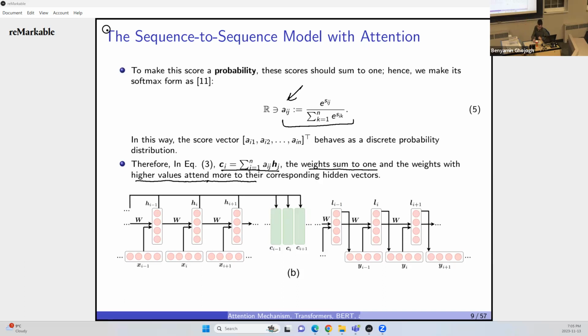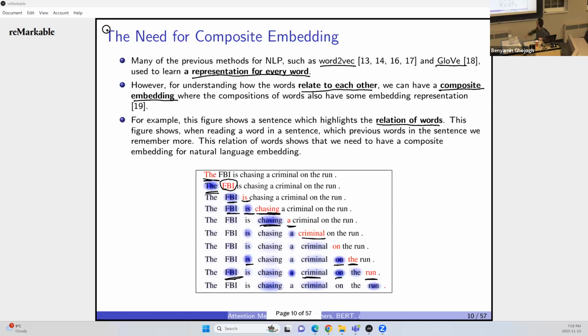So when we put them in the softmax form, they become attention scores, which are like probability. We talked about an example where every word attends to some of its previous words, assuming that this is a causal model that only attends to its previous words, right?